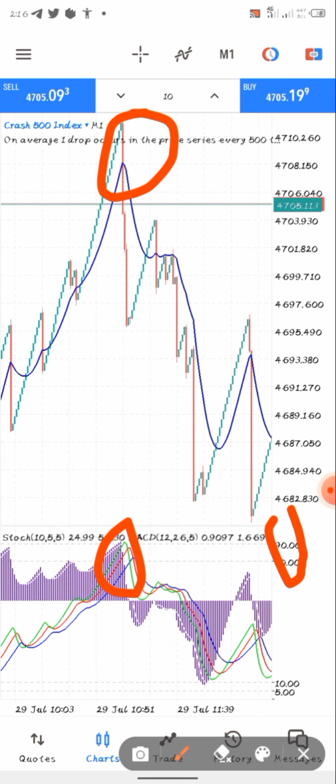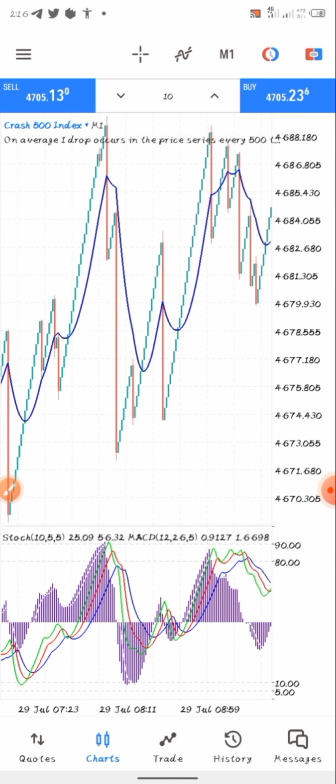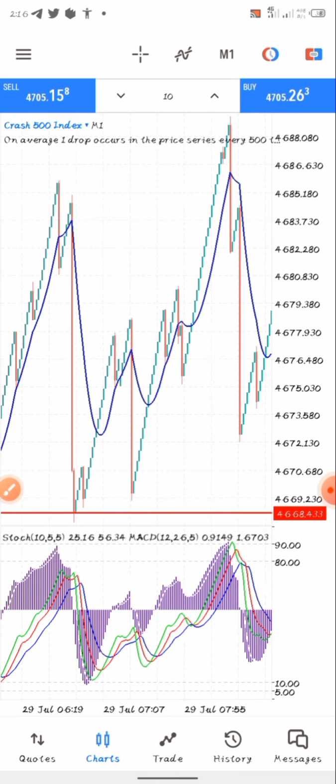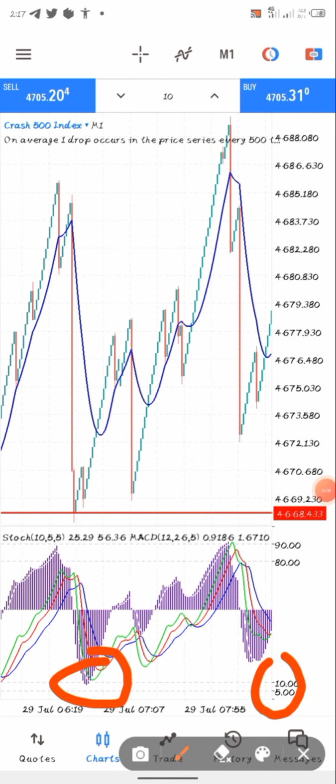This strategy is very, very effective and it's a 100% accurate strategy, guys. You make use of it wisely. So another example, let's show you guys one more example. So you can see it right here. This was scalping. You can see what the market does. That is it, guys.